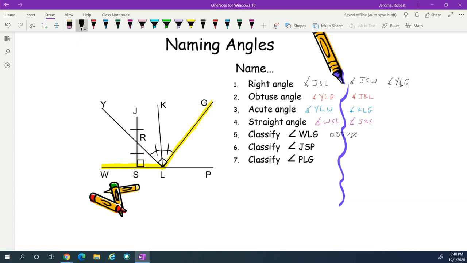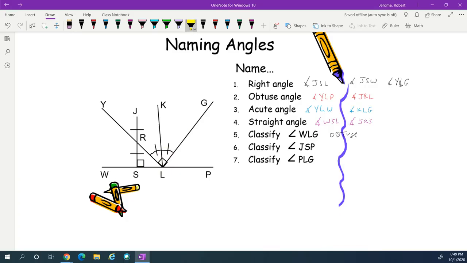Now, we don't have measurements, but look at it. It includes this right angle, and it goes past it. So it goes to the right angle and past it. So it has to be more than 90. So even without numbers, we can reason this out.